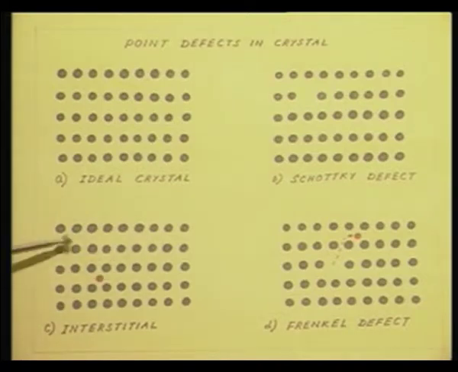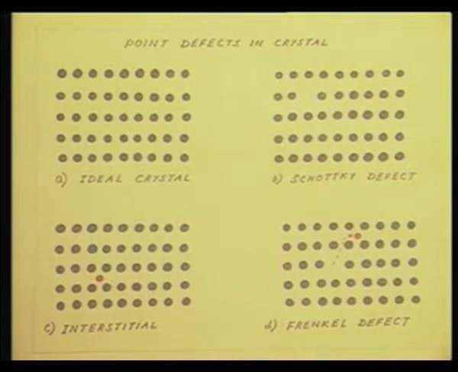I have this regular array of atoms with space in between, and you can see this red ball coming and sitting in one of the spaces here. This is the interstitial space, and this atom is called an interstitial atom, which is a defect.